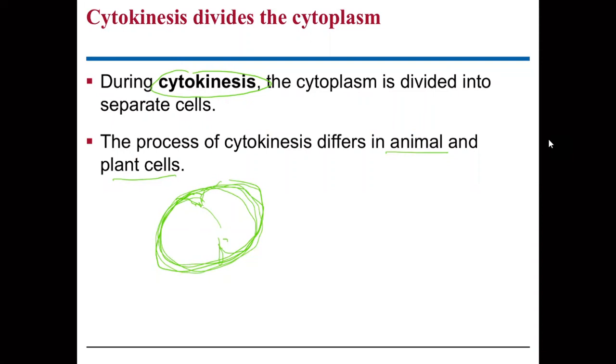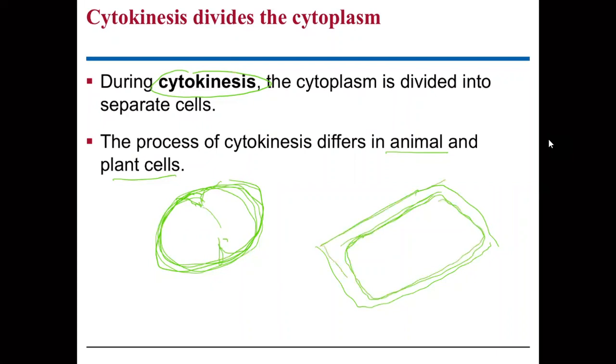For plant cells, they would have a rigid cell wall as their outermost covering. So they also have a plasma membrane, but outer to that region would be a cell wall. And a cell wall is a rigid structure, and hence your cell can't just simply pinch off.